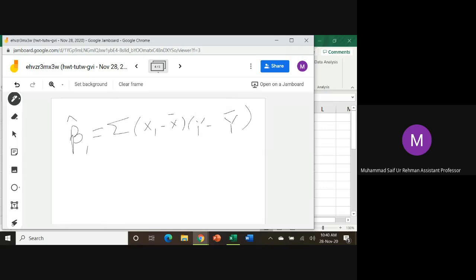As you know, in this case you are taking into account only one explanatory variable, so there is no need to write x1 with this, right? And you have to divide it by summation x minus x bar whole square.